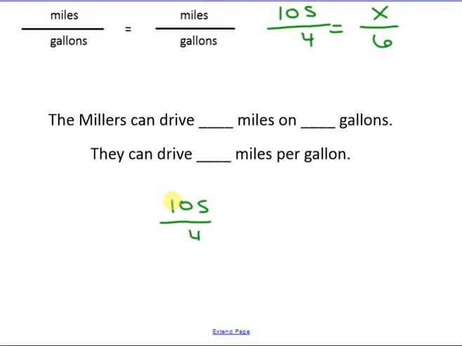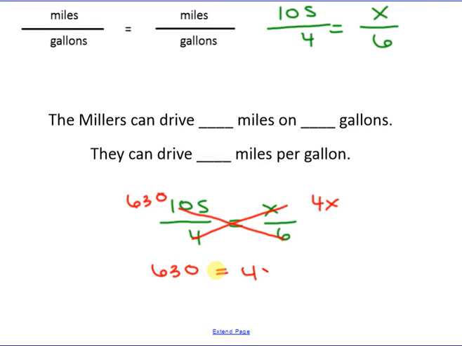105 over 4 equals x over 6. So I'll go ahead and solve. So 4 times x is 4x. Let me get my calculator. 105 times 6 is 630. So then 630 equals 4x.